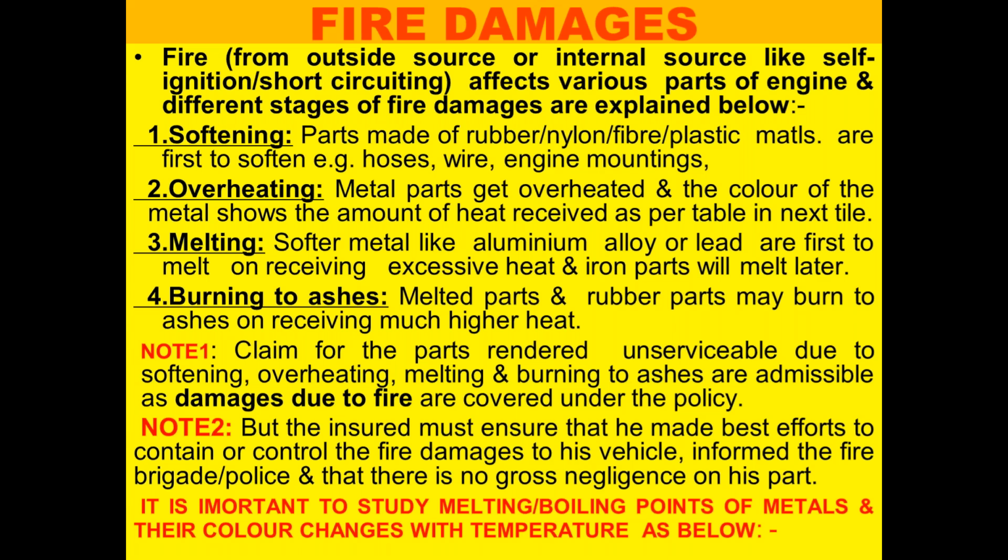Metal parts get overheated and the color of the metal shows the amount of heat received as per table in the next slide. Melting. Softer metals like aluminum alloy or lead are first to melt on receiving excessive heat, and iron parts will melt later. Burning to ashes. Melted parts and rubber parts may burn to ashes on receiving much higher heat.